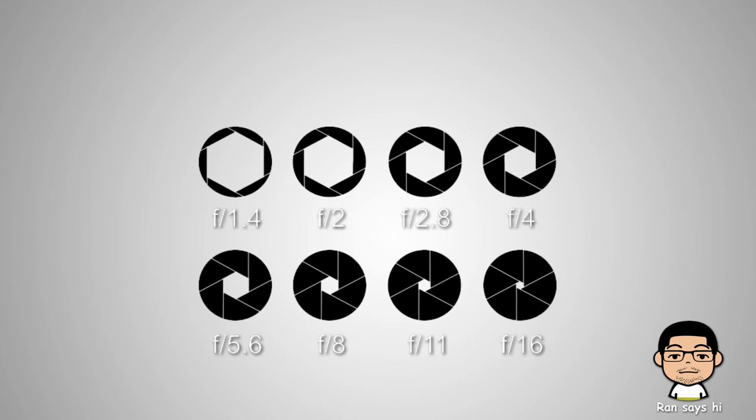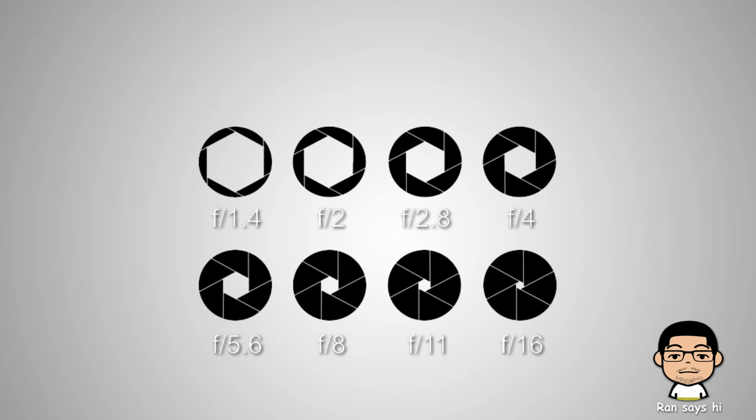So the area of the aperture in f/2 is twice as big as the area of the aperture in f/2.8. Similarly, the area of the aperture in f/2 is 4 times as big as the area of the aperture in f/4.